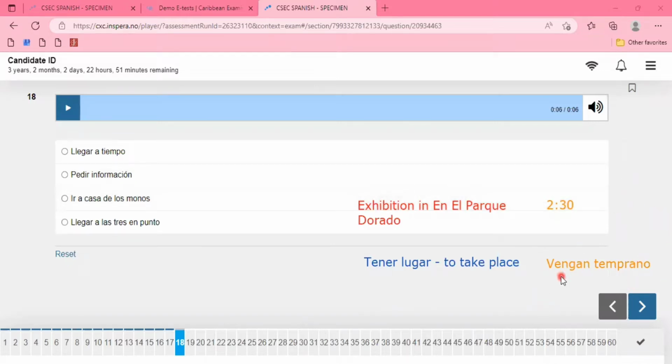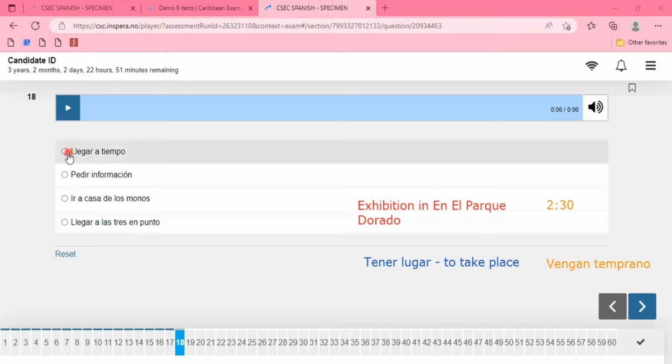And an instruction was given, which is that the persons need to come early, vengan temprano. So now we would have to know at least temprano. We're going to be looking for something that is similar in meaning to that. So llegar a tiempo would be to arrive on time, which essentially is to come early.